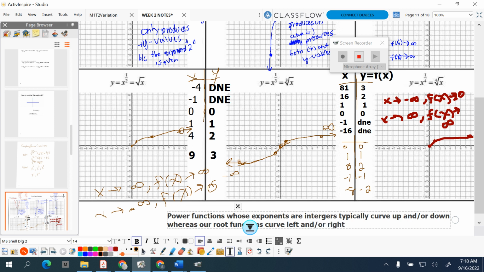And the and or comes with those odd power integers.